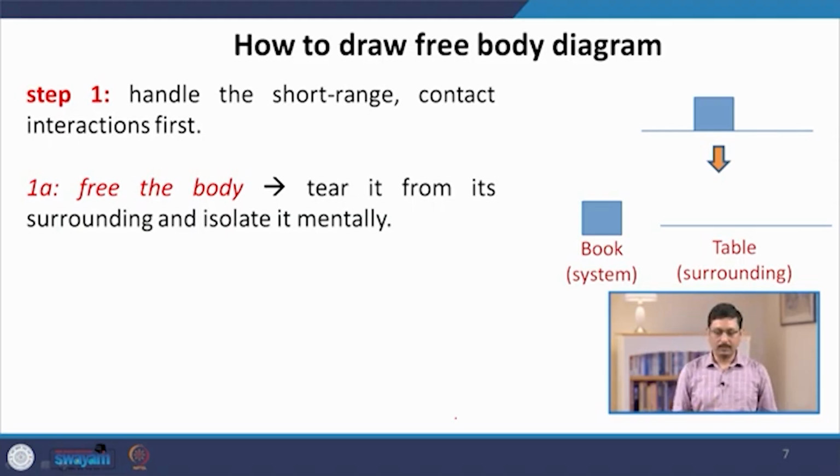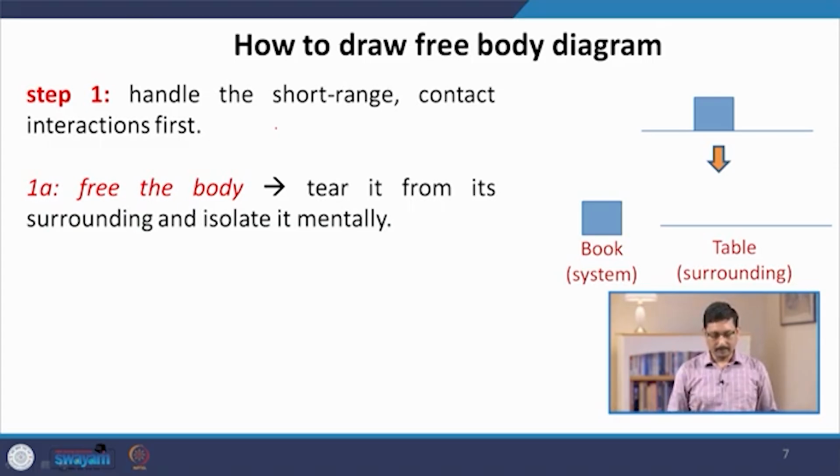From a fundamental point of view, they are electromagnetic interactions by nature, but we do not know exactly what forces are going on between the atoms of the two objects in contact. So, we simply take them as unknown forces and resolve them. Usually, we resolve them into two components, normal to the contact surface and parallel to the contact surface, but we shall come to that later. But first we need to describe these forces.